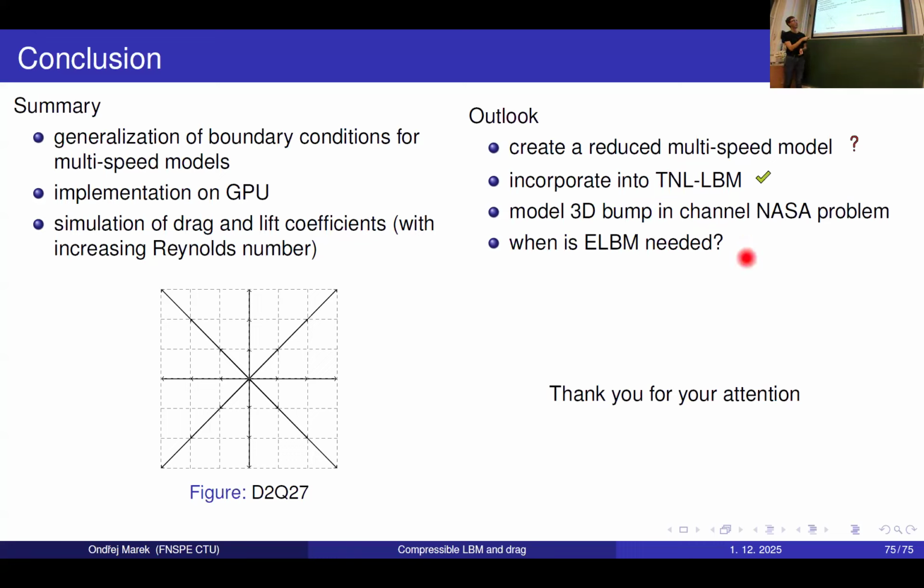And I would like to apply this multi-speed model to a 3D bounding channel problem, which is studied by NASA, and maybe in the future try to find out when the entropic lattice Boltzmann method is really needed, because with the entropic lattice Boltzmann method you can satisfy the condition that the entropy always increases.